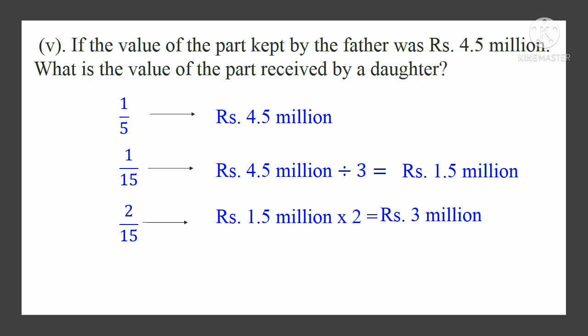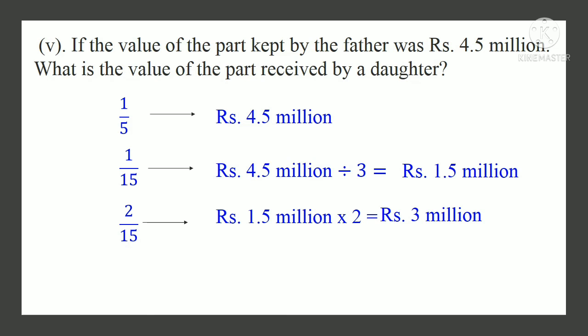So, what is the fraction of the land received by father? That is 1/5. That means 1 upon 5. That is given as 4.5 million rupees. Then, we have to find the amount of 2 upon 15 parts. That is the amount received by a daughter.